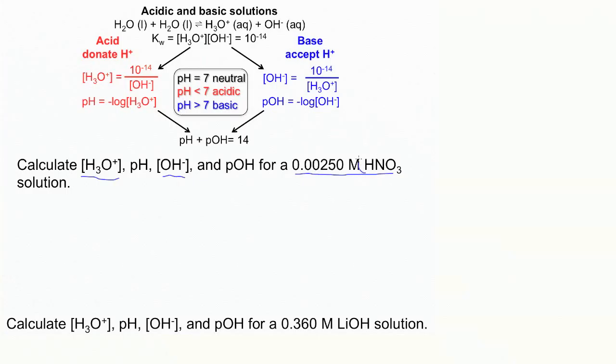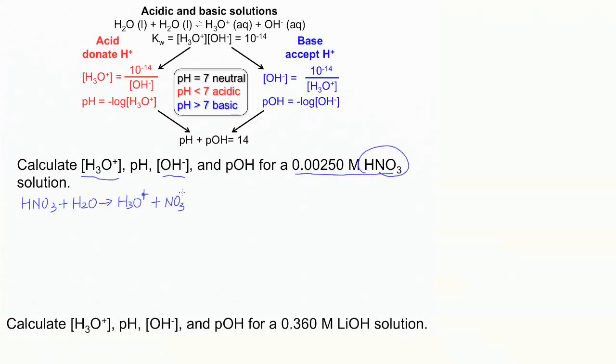Remember, nitric acid is a strong acid. That means when you dissolve nitric acid in water, it gives you 100% dissociation to generate hydronium and nitrate. Okay, sorry, this is a plus sign. And nitrate.